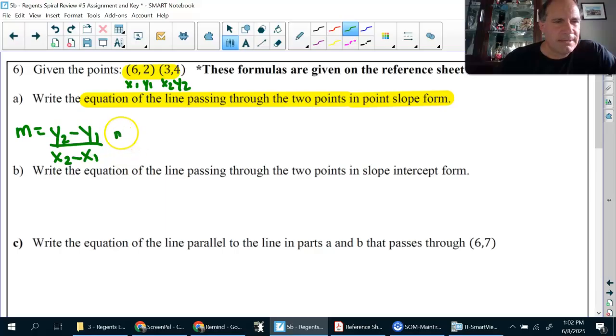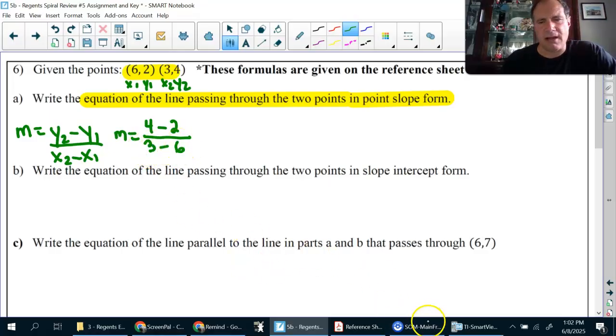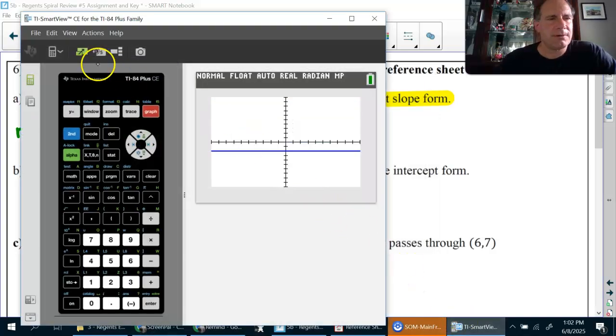So we're going to put m equals, and very simply put the numbers in from the formula. You're going to do 4 minus 2, that's y2 minus y1, and then 3 minus 6. When you put this into the calculator, don't even do this separately.